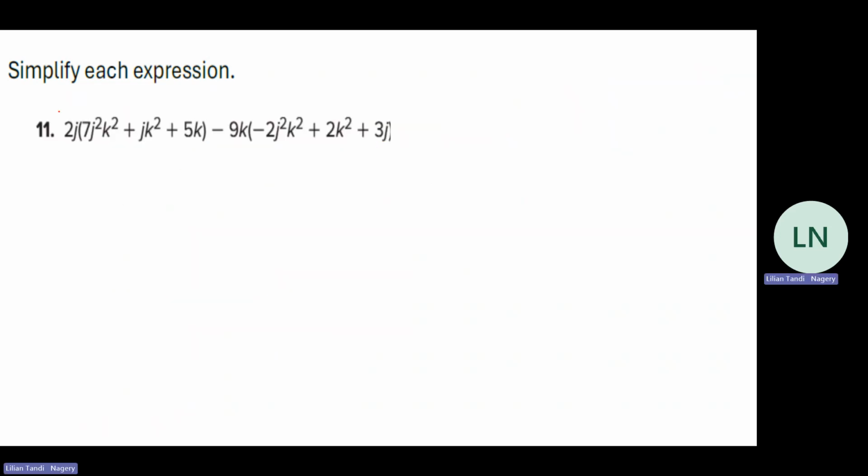Okay, now let's do this. 2j goes here, 2j goes here, 2j goes here.